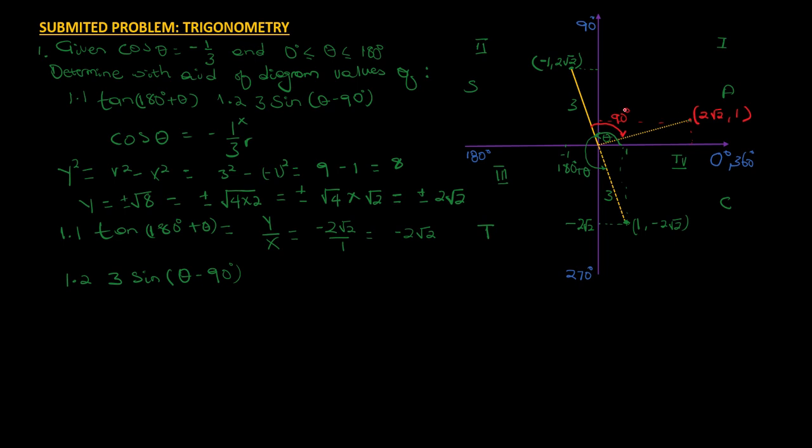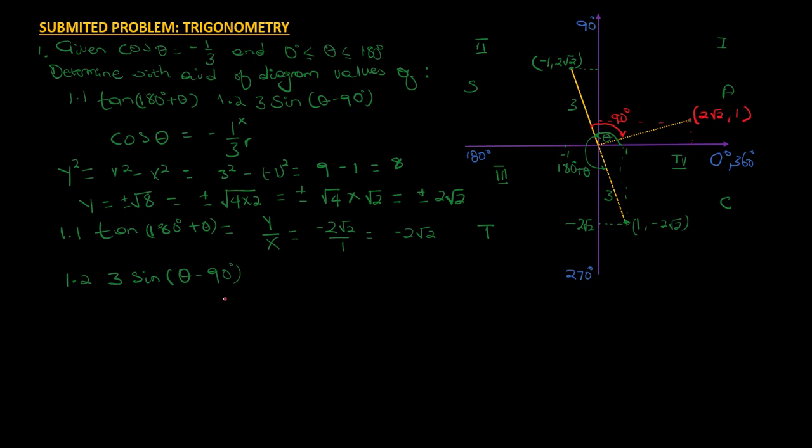So always think of this when you're doing 90 degree rotations. You'll see that there's this tendency for these values to swap on a 90 degree rotation of a line. This is clear when you do reduction formulae for 90 degrees plus, 90 degrees minus, 270 degrees plus, 270 degrees minus theta.